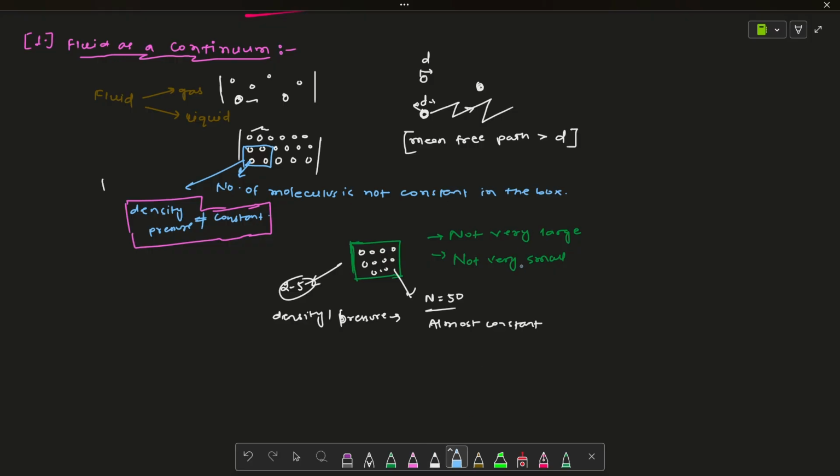Now the question comes to your mind: why should it not be very small? If the volume is too small, the number of particles there is 10, and if we remove about 2 to 3 particles from that box, we will see significant changes in both density and pressure. That's why we can't choose a very small volume.